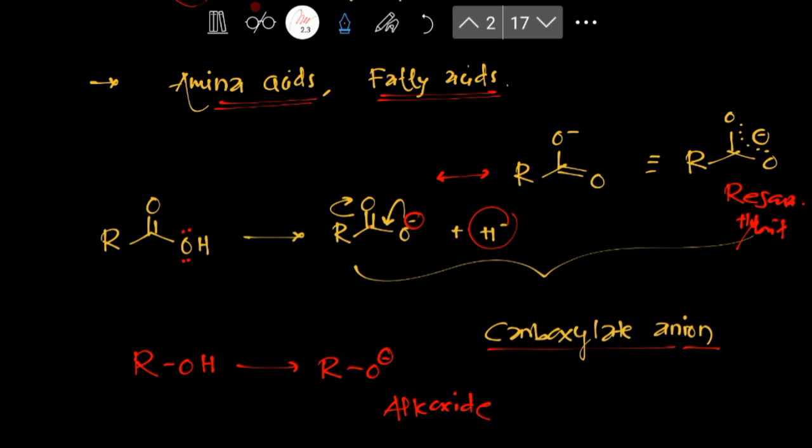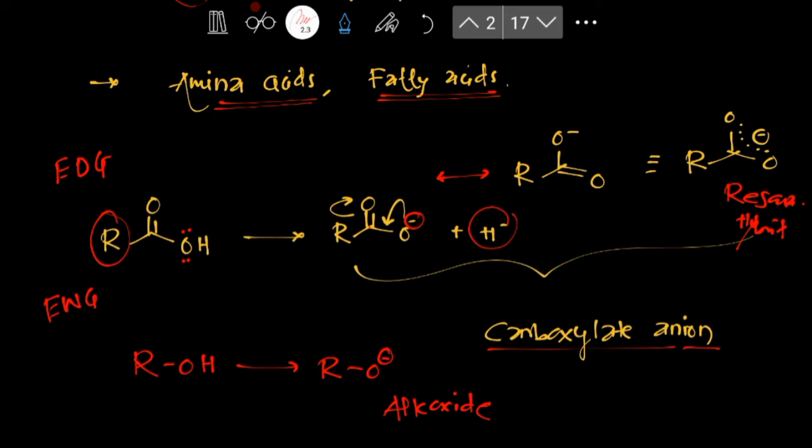Because of the stability of the carboxylate ion, carboxylic acids are quite a bit more acidic compared to simple alcohols and other kinds of acids. The factors that affect the acidic character depend upon that R. If electron donating or withdrawing groups are attached to it, that will decide the acidic strength of the carboxylic acid.